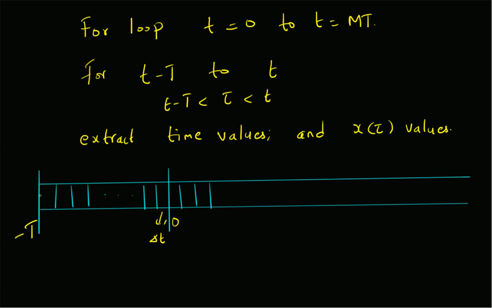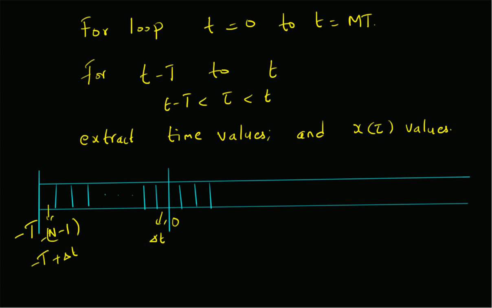That means we have to take these values from the location at minus of n minus 1, that is, at minus T plus delta t, to 0. So we take these values and then we take the corresponding values of the signal x of tau and do the integration.